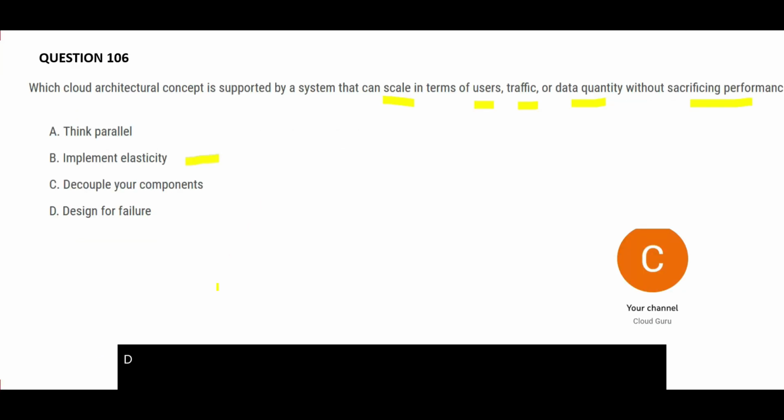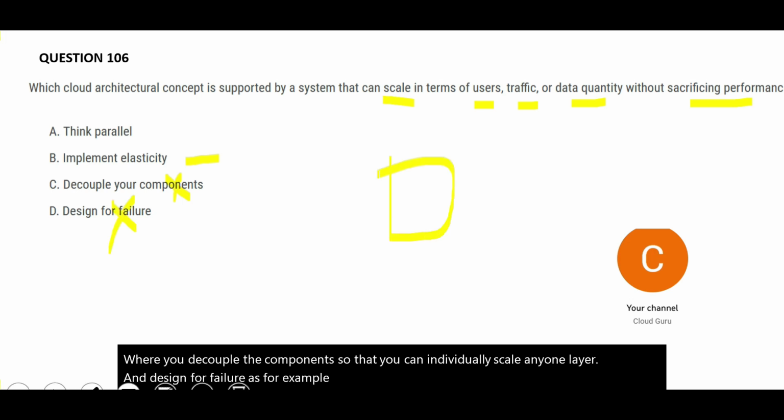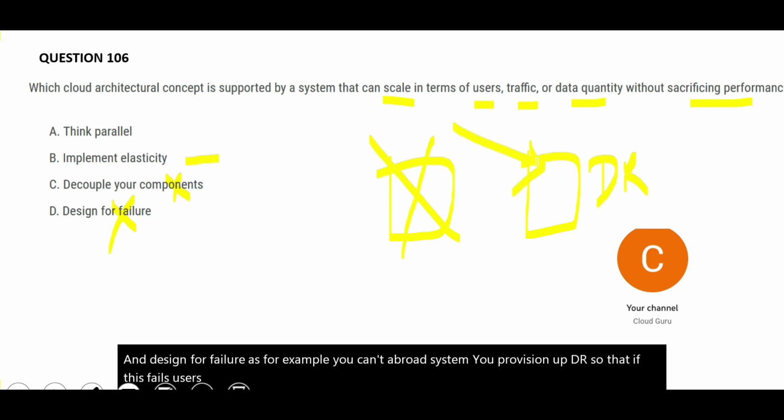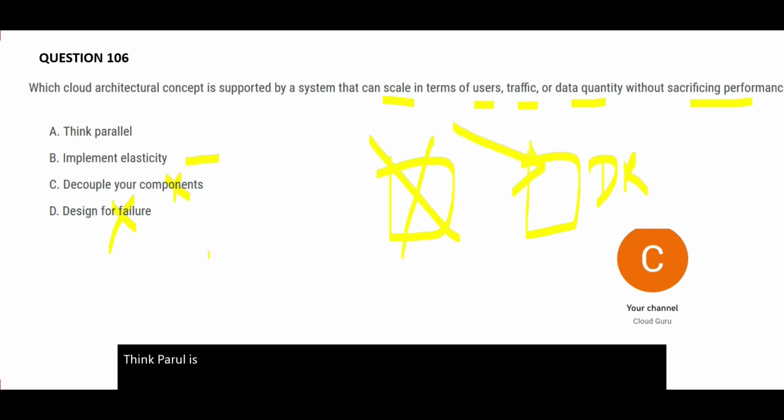And you want to do this automatically. Decouple the components. This is used in a microservice style architecture where you decouple the components so that you can individually scale any one layer. And designed for failure is, for example, you've got a prod system, you provision a DR so that if this fails, users would be routed to DR. Think parallel is also not linked with scalability.